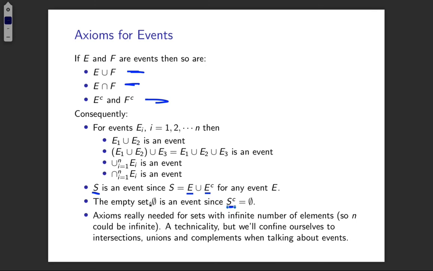This is 0 with a line through it, the empty set. It's not a computer science 0. It's a set with no elements in it. The complement of the sample space is a set with no elements in it, because everything is in the sample space. And so that's an event too.